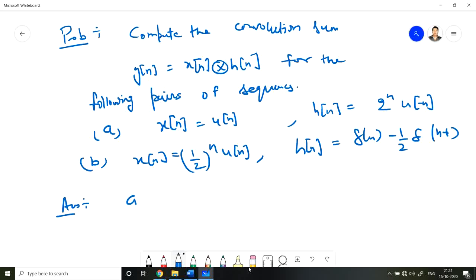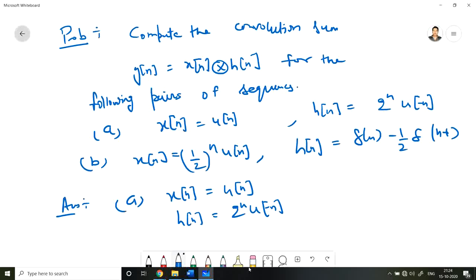So let us compute the first part, that is x[n] equals u[n] and h[n] equals 2 raised to the power n times u[-n].